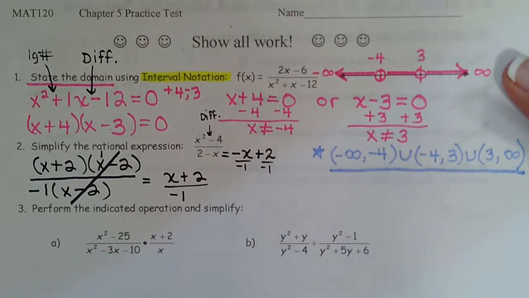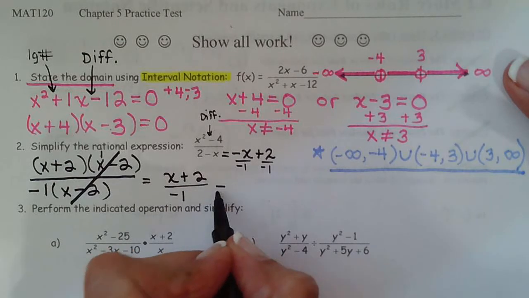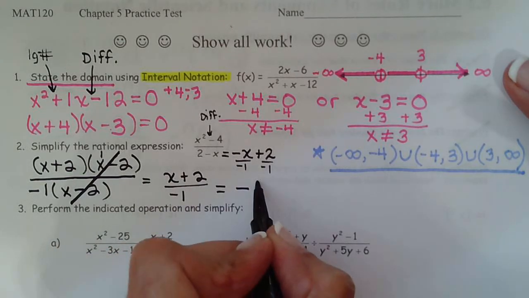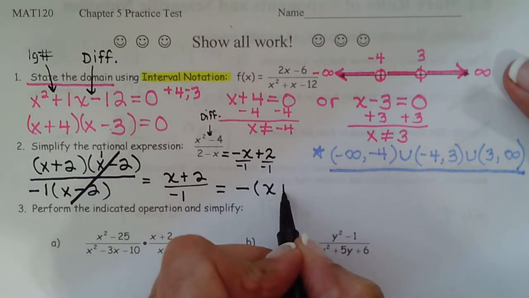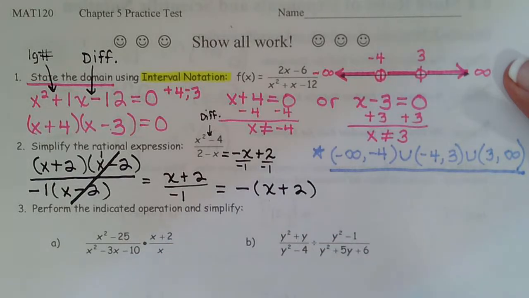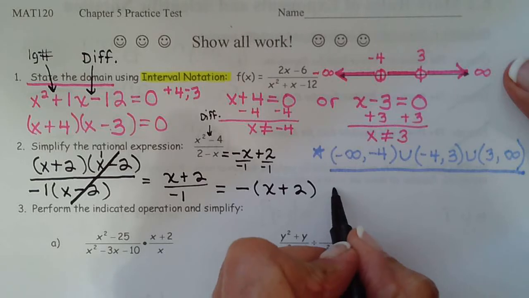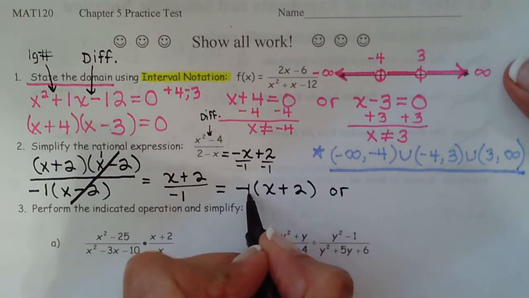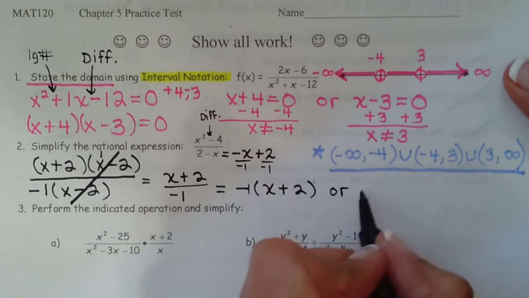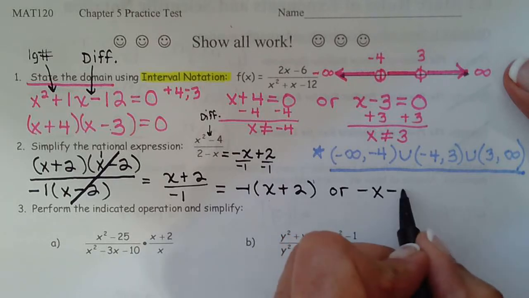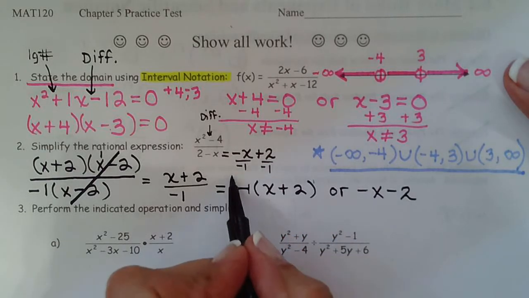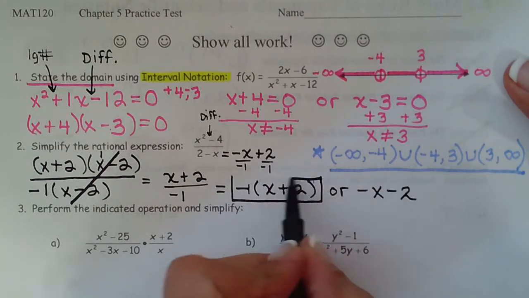But we learned you really don't want to leave a negative in the denominator, so we learned we could move it up, but because there's 2 things there, we will have to put them in parentheses. So you could write that for an answer, or you could write, distribute your negative 1, negative x, negative 2. So either of those would be considered correct.